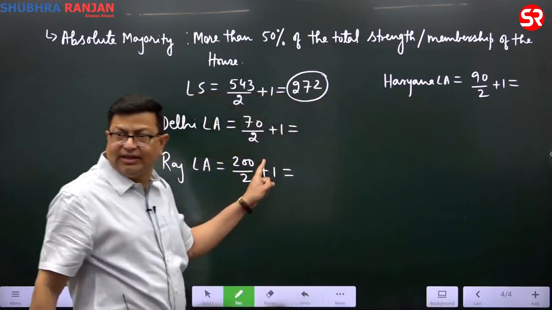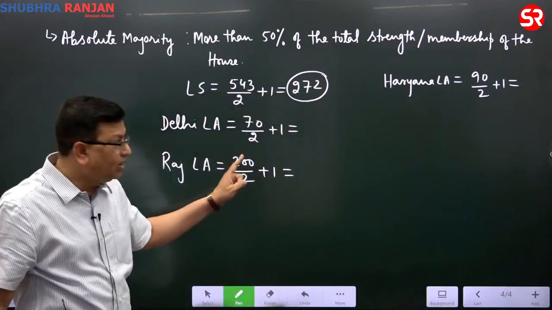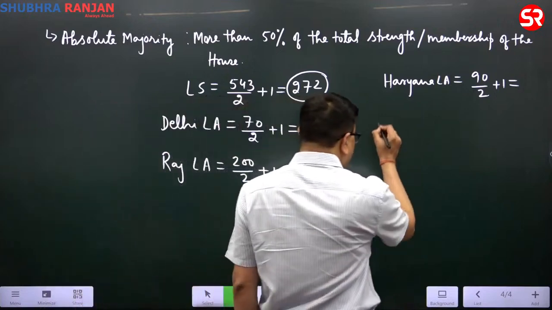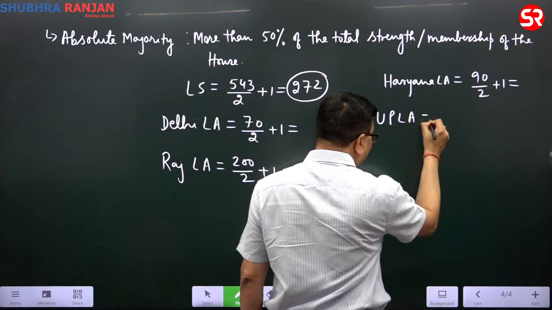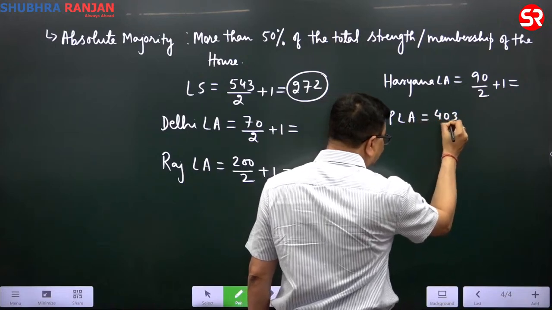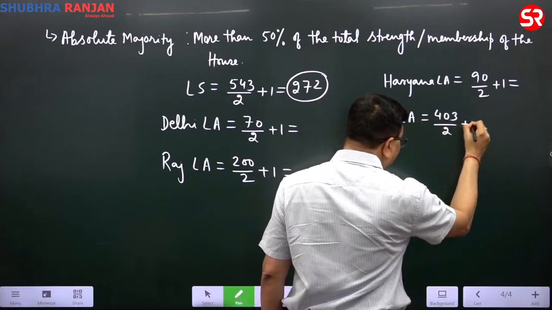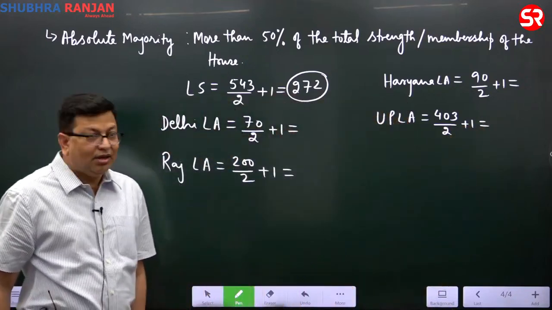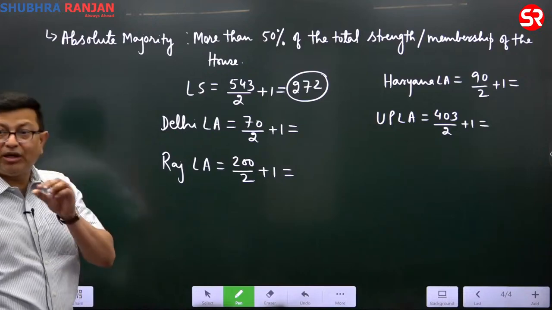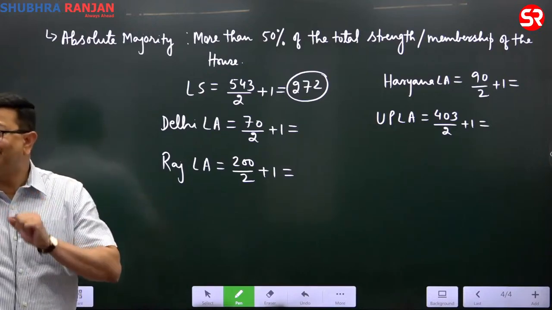These are the total strength or membership of the house. Then suppose in UP, the strength of the Legislative Assembly is 403. So 403 divided by 2 plus 1. Here, whether you are present, absent, it hardly matters.